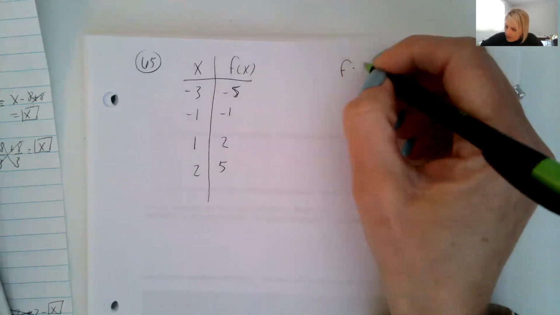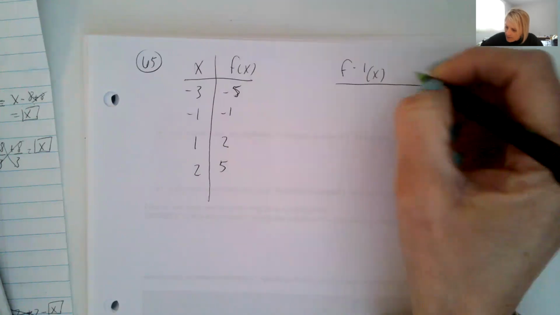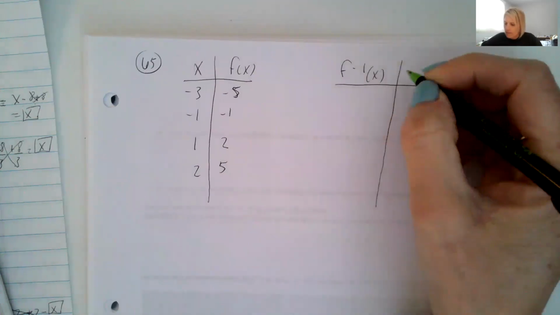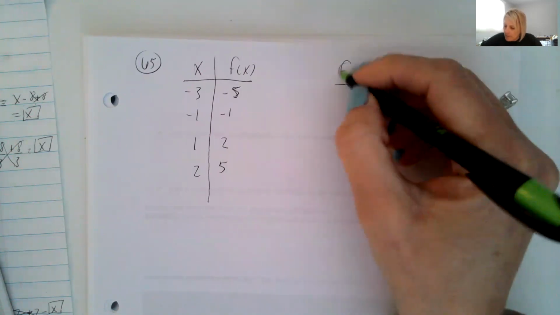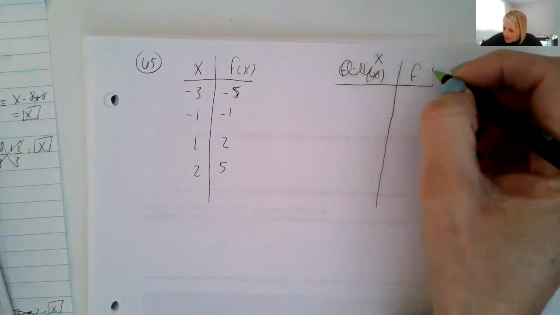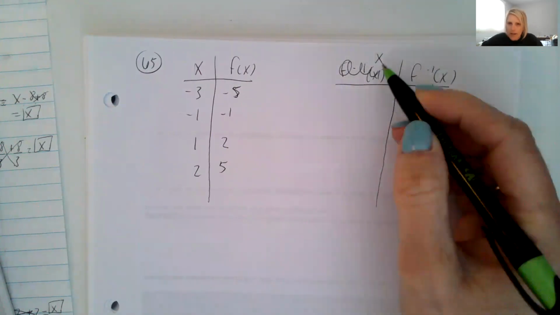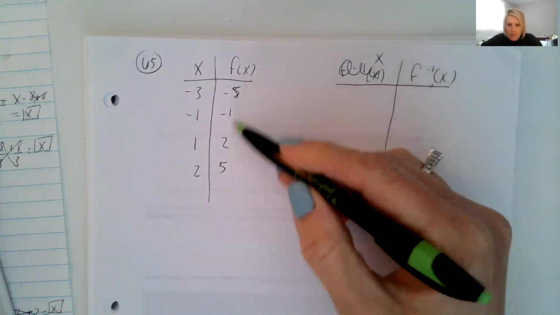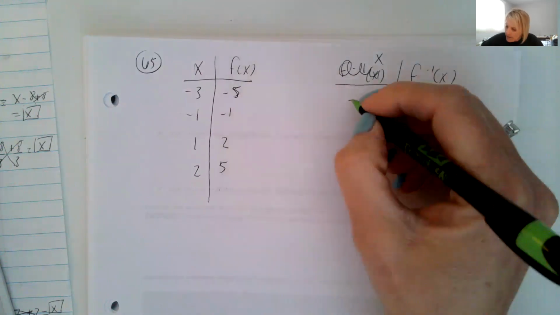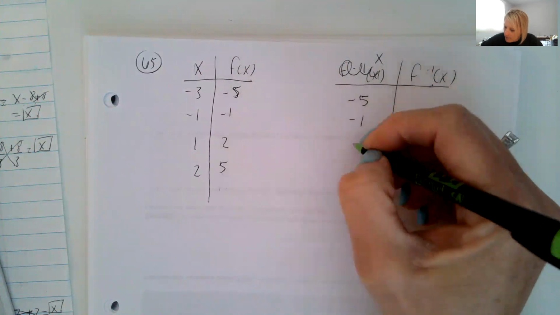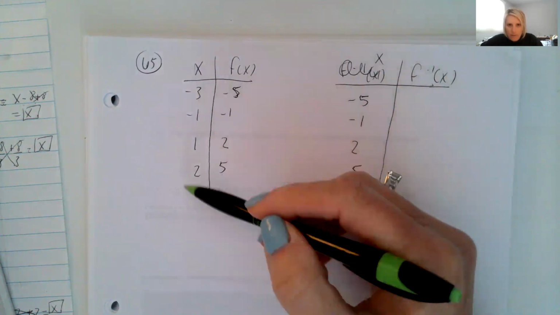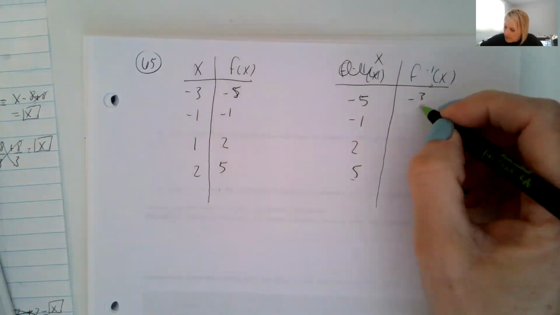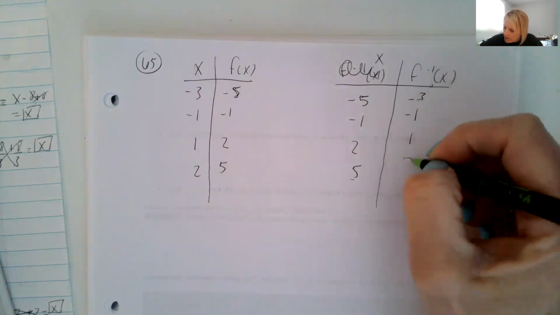Okay, so that means that for my x and my inverse function of x, my x's are now going to be my f of x from before. So I'm going to have -5, -1, 2, and 5. And my inverse function values are going to be the x's from before. So -3, -1, 1, and 2.